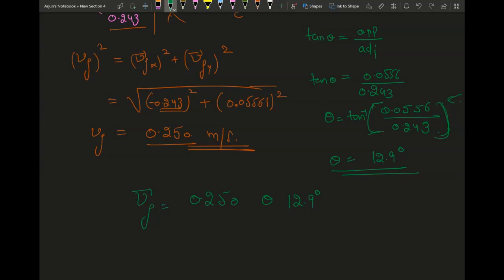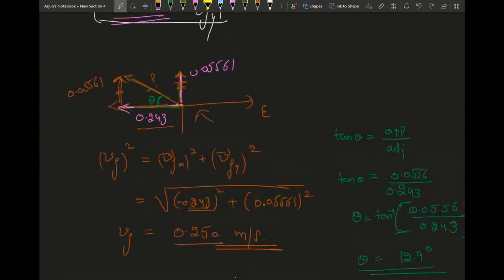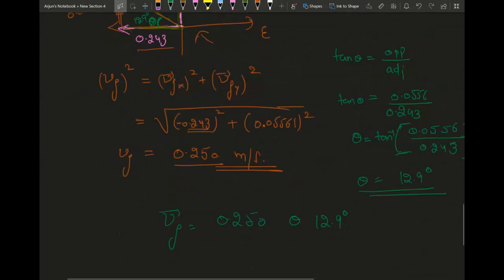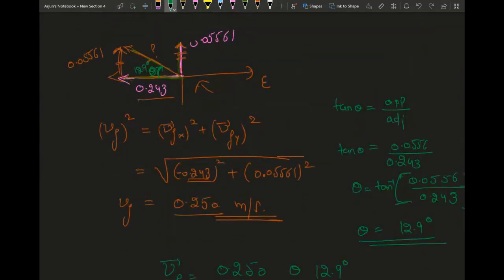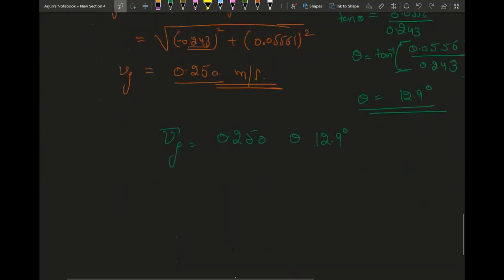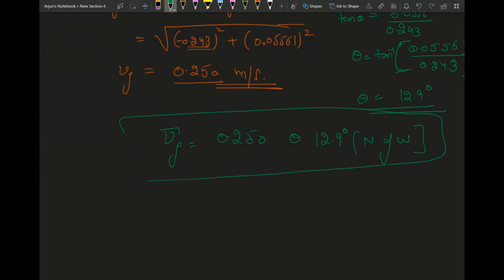So 12.9 degrees means this angle is 12.9 degrees. And I will write it as, how I'm going to write it? I'll write it as, this is moving from west towards the north. So I'll write it as north of west. That is your final answer for the V final.